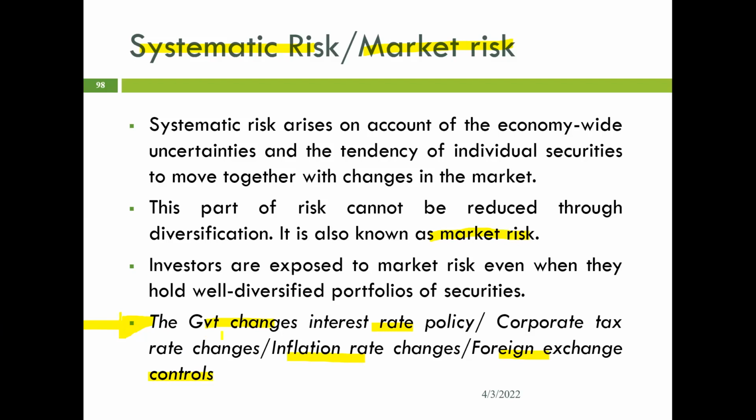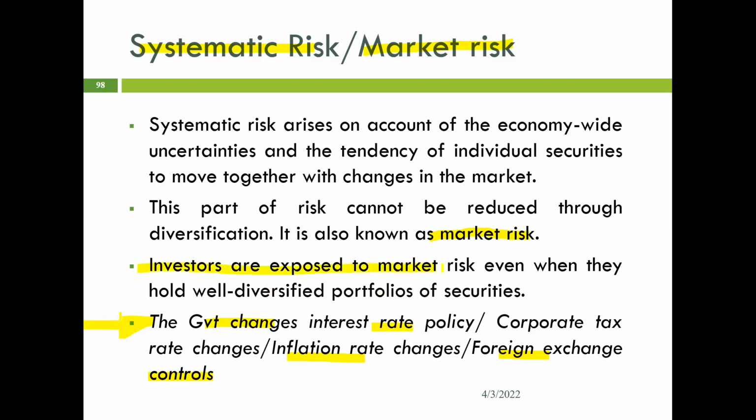So with the market risk, with the changes in the political situation and the government issues, foreign currency issues, this kind of risk is in the environment. So all the investors are affected equally. So this is systematic risk. Investors are exposed to market risk even when they hold a well-diversified portfolio of securities, right?